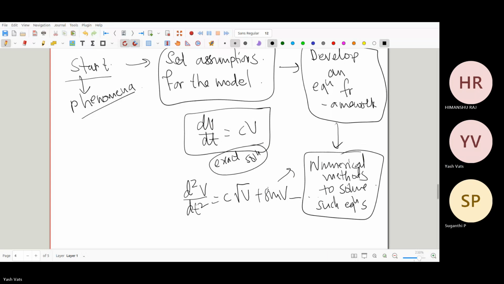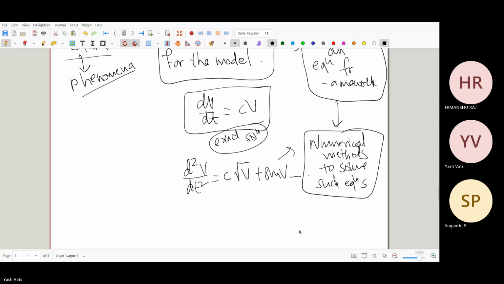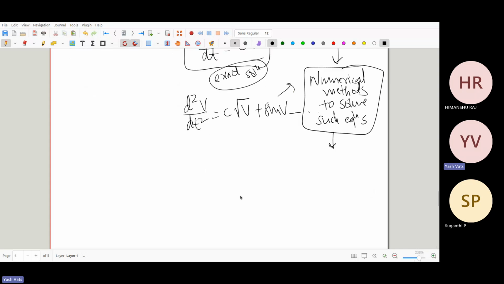Once you are solving such an equation using a numerical method, you have how the real population grows. P is the population and it grows like this over time. This is the real world application.